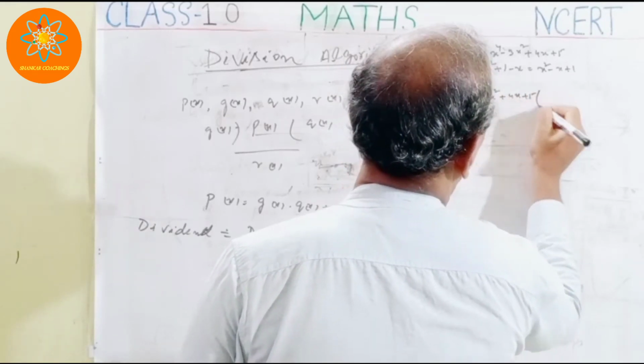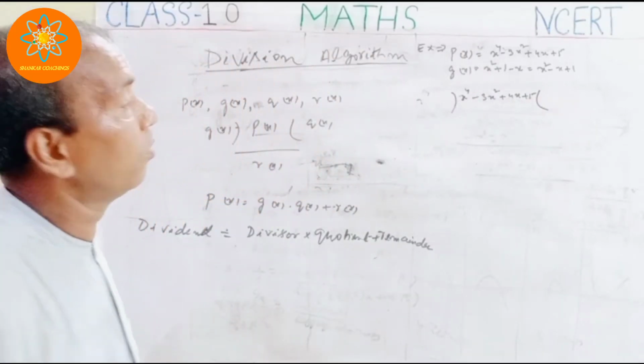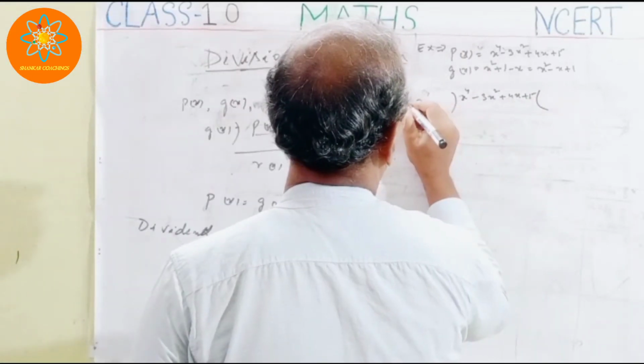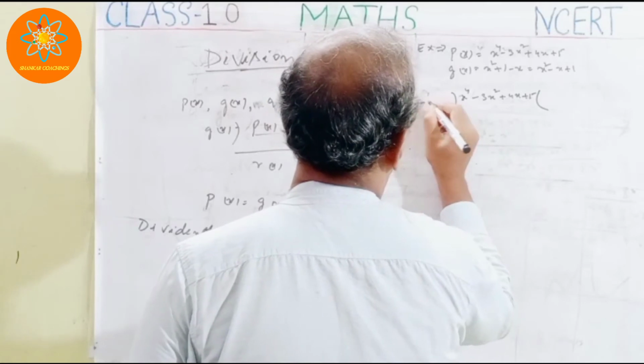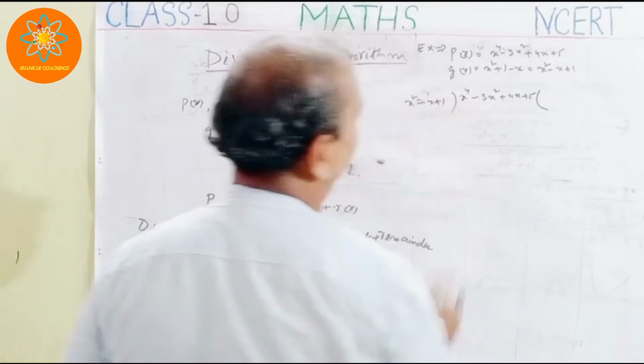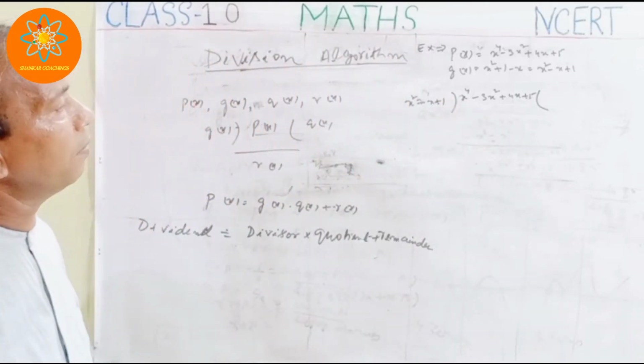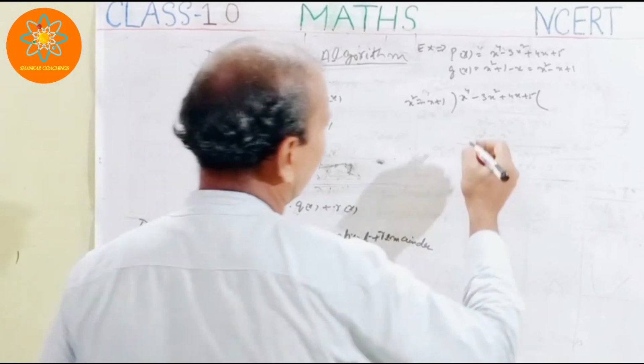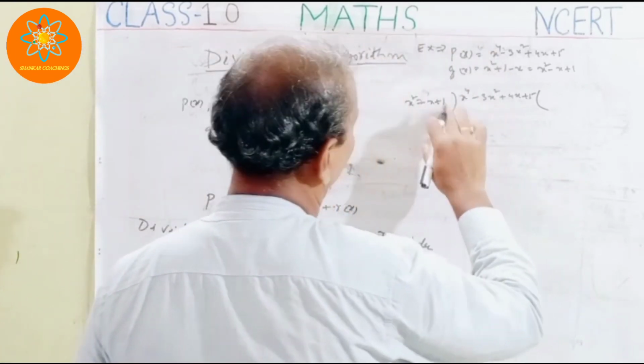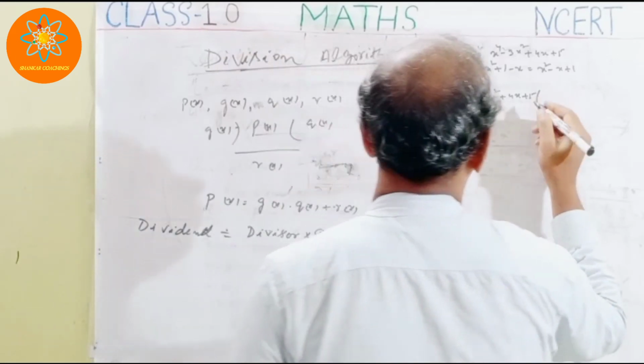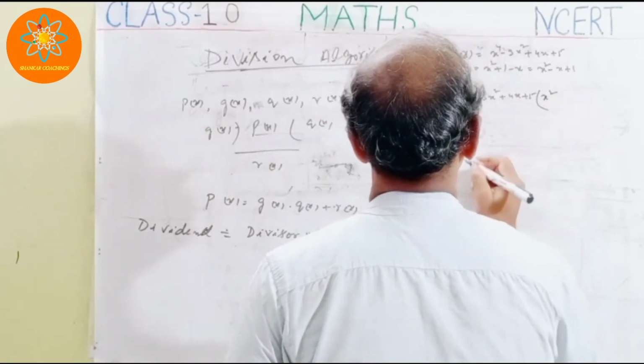And now I will divide this by g(x). That g(x) is nothing but x square minus x plus 1. So I will divide it in the division process. So this is how much? x square.